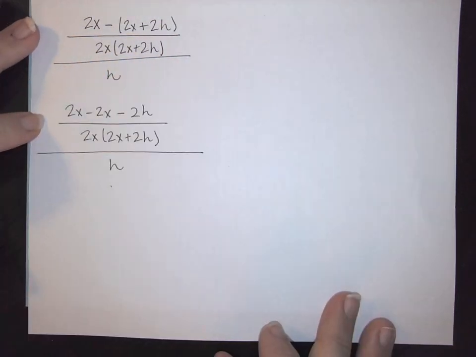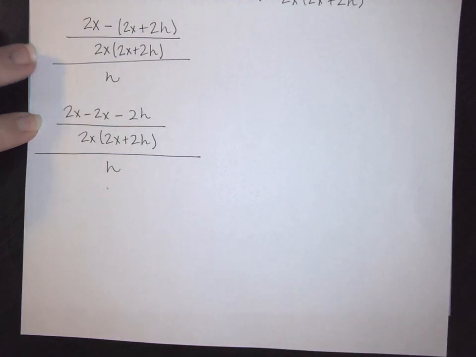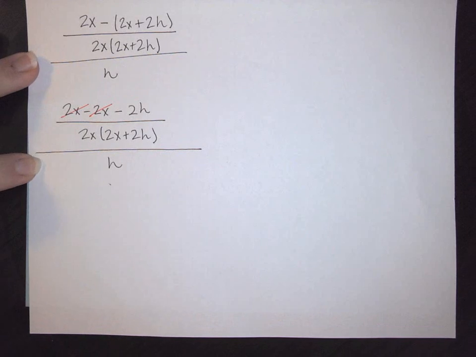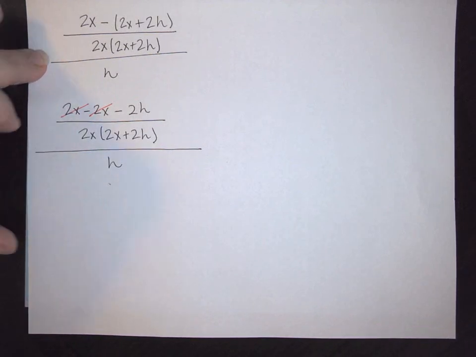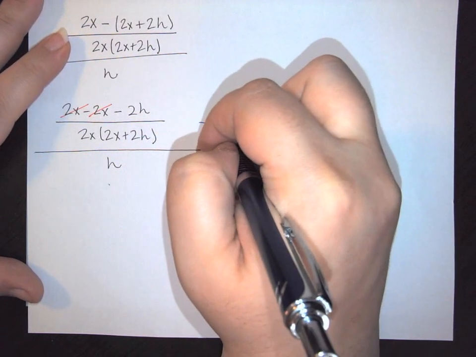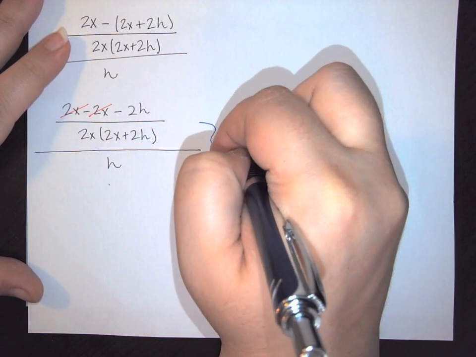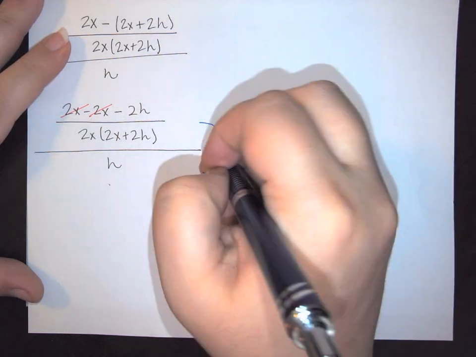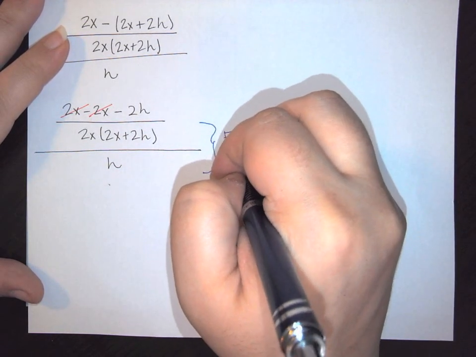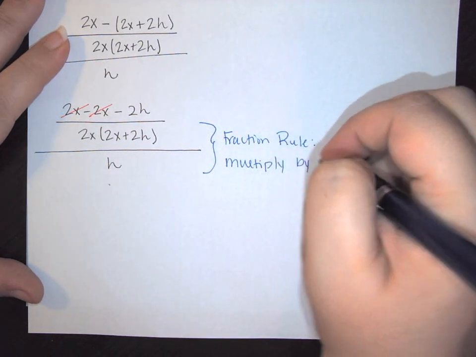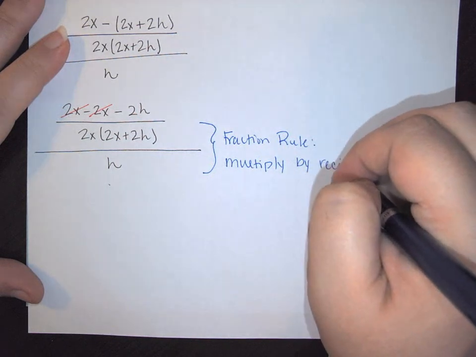One thing you should notice is that my 2x's disappear. Now the other piece we have to keep in mind is that we have a fraction rule which says you are going to multiply by the reciprocal of the denominator.